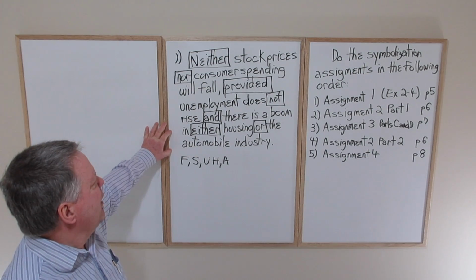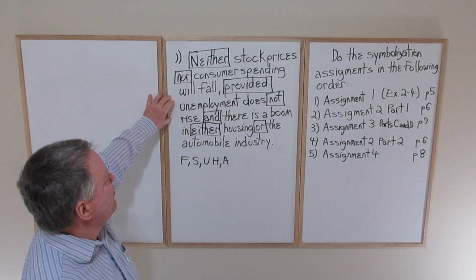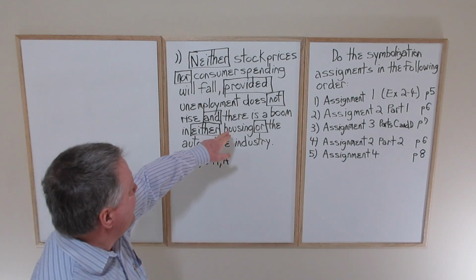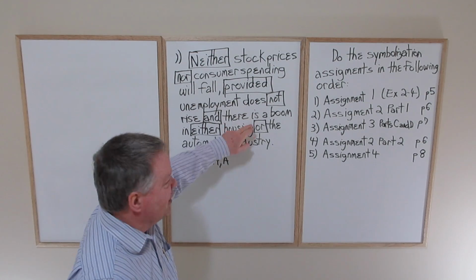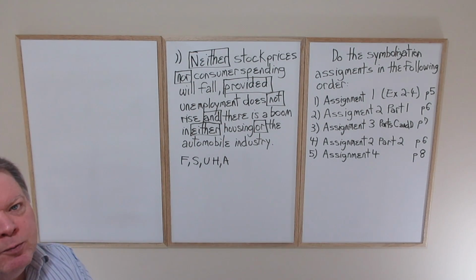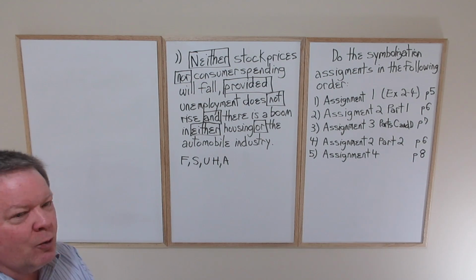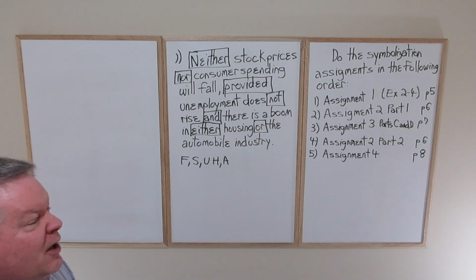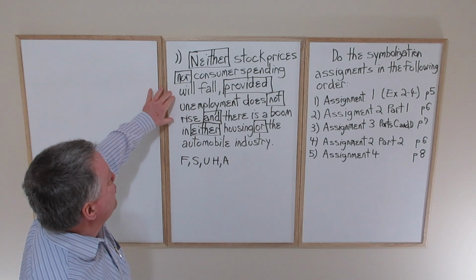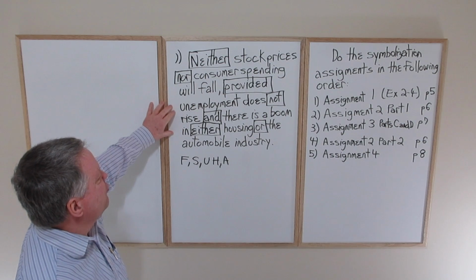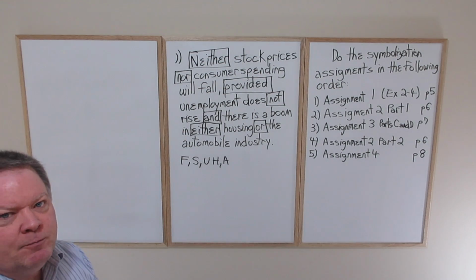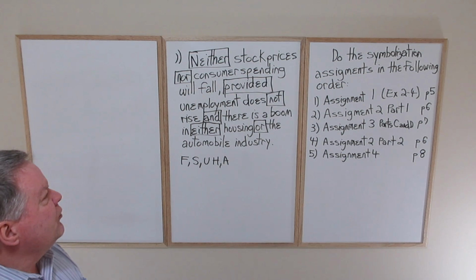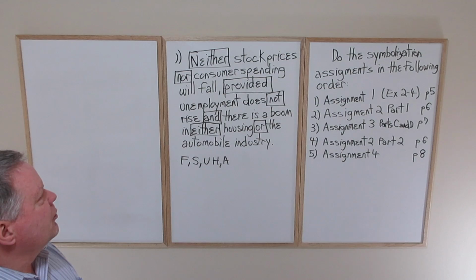On its own, that clause doesn't make sense because we've got a prediction here. If, on the other hand, it had said there will be a boom in either housing or the automobile industry, that would make the sentence ambiguous, which is to say it could possibly have two different plausible interpretations. But since it doesn't, what the sentence requires is straightforward.